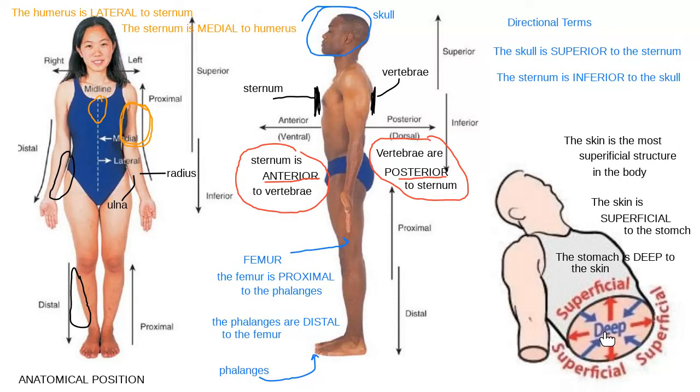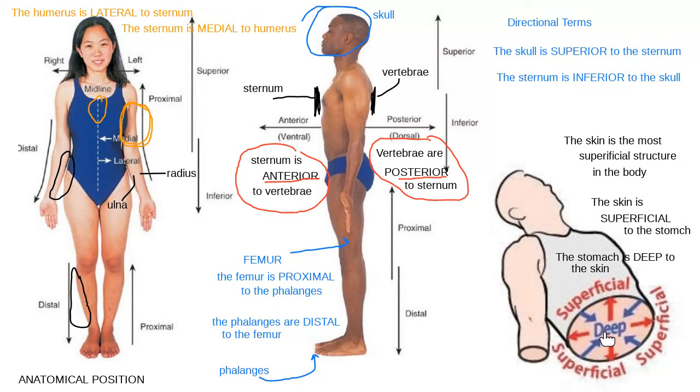The rib cage is that circular group of bones that wraps all the way around the heart and the lungs. So we would say that the heart is deep to the ribs, or we could say that the ribs are superficial to the heart, because I find them all the way around it in all directions.